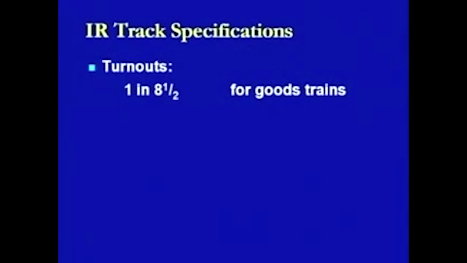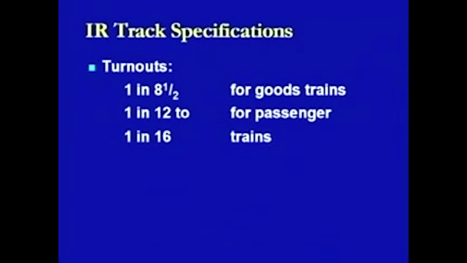It is defined in terms of a 1 in n value, where n can be anything, like 8.5 in the case of the movement of goods trains. In the case of passenger trains, it varies from 1 in 12 to 1 in 16. As the value keeps on increasing, it means we are providing a flatter curve as compared to a sharper curve.